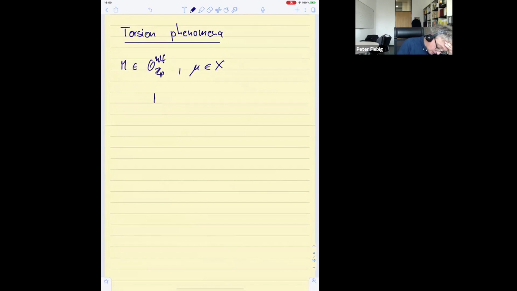By M_{Δ,μ}, I want to denote the following subspace in M. We have a direct sum over all simple roots and n bigger than 0, and we take the weight spaces in the simple root directions that lie above mu. And of course we have mu.